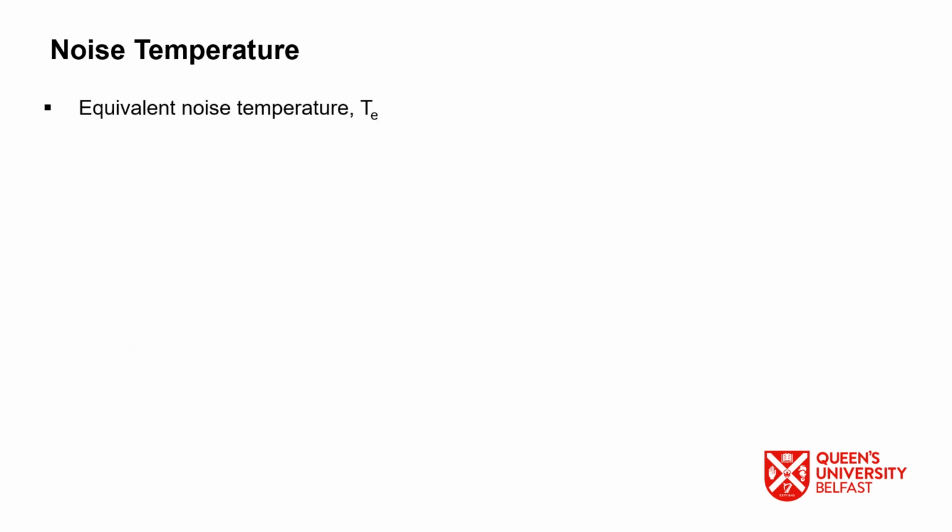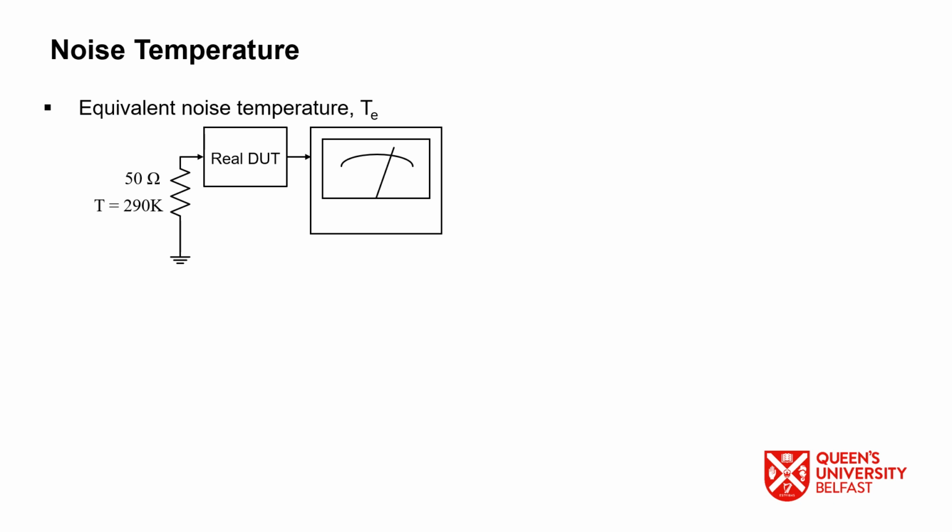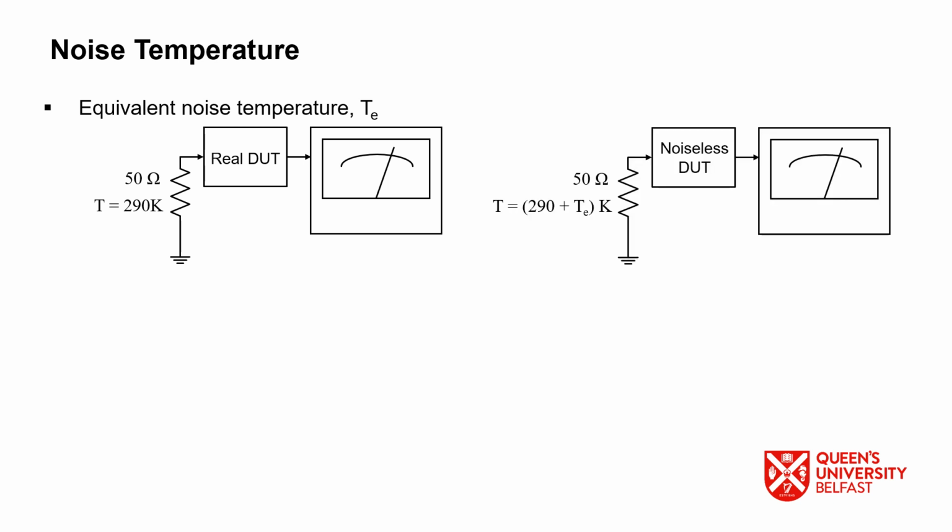There's another way of looking at the noise temperature, or equivalent noise temperature. Consider these two diagrams. On the right side, you will see a 50 ohm resistor at an ideal temperature, you can say an ideal temperature of 290 Kelvin, and this resistance is creating a noise.